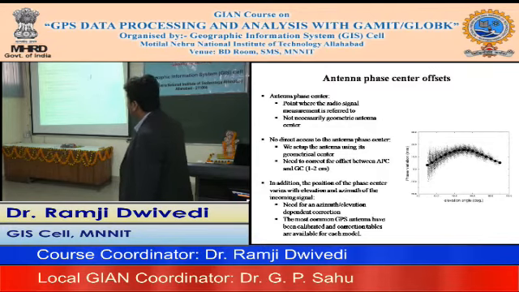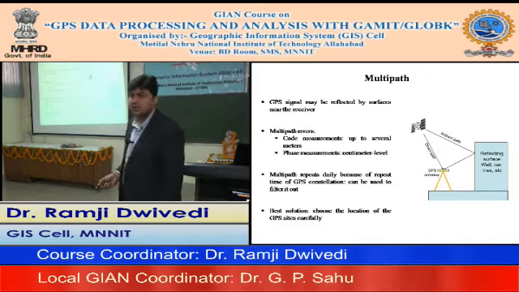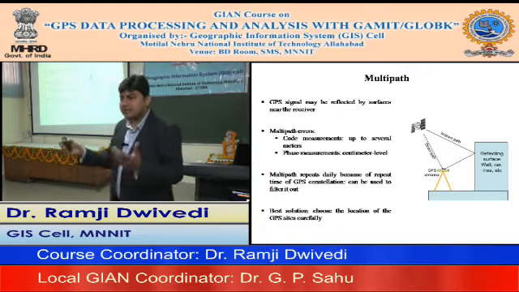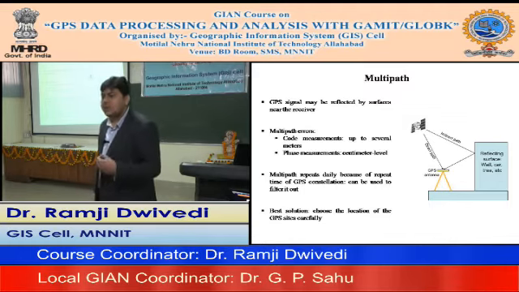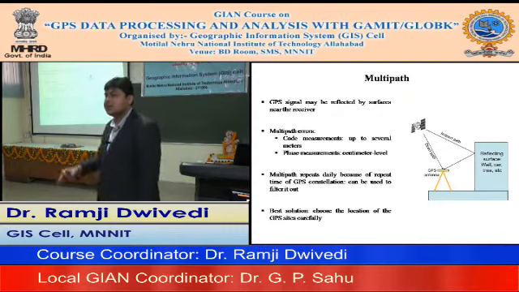Again, next is multipath. Multipath is the indirect path of the signal, and this should be avoided. One of the best ways to avoid it is to choose your station very wisely. In urban areas with skyscrapers, we are very prone to multipath error because of the indirect path. The signal is right-handed circularly polarized.